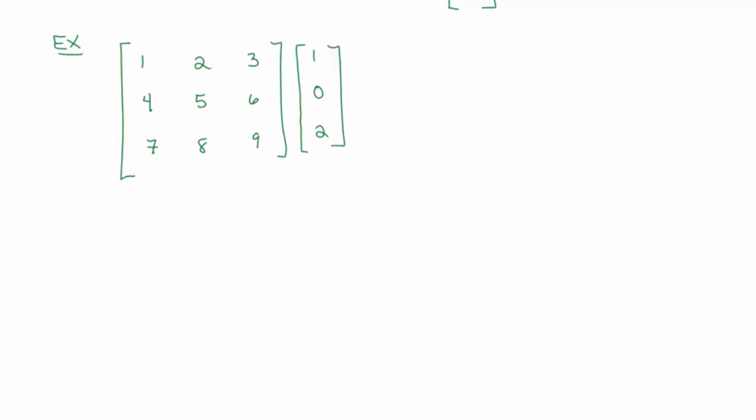Now I'm going to again visualize, and I'll do this in red here. So 1, 2, 3, 4, 5, 6, 7, 8, 9. I'll visualize that column matrix being tilted on its side and superimposed on each of these. So remember, it was a 1, 0, 2.